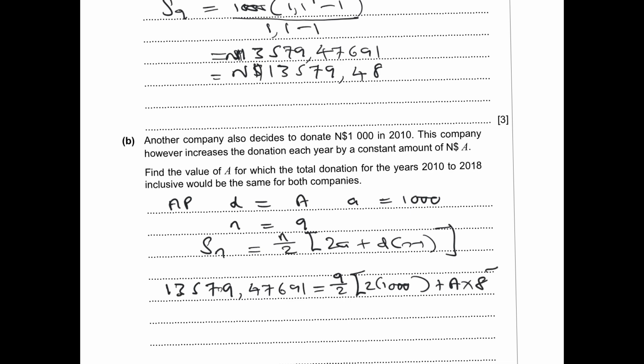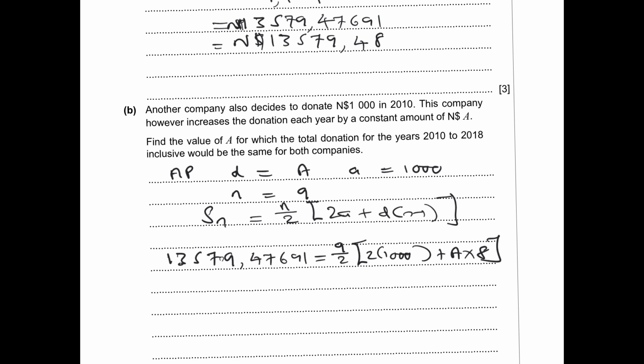Simplified, that is 9 over 2 in brackets 2,000 plus 8A, and on this side we still have 13,579.47691.